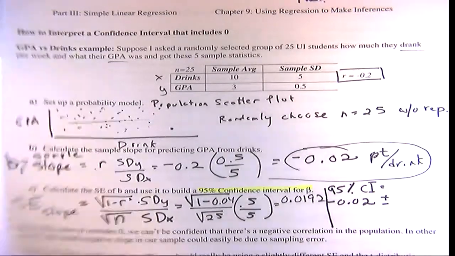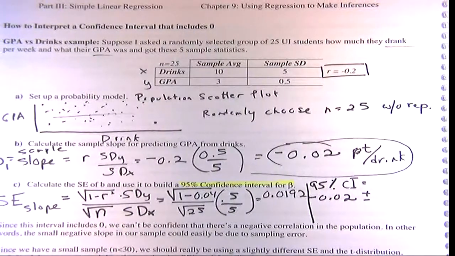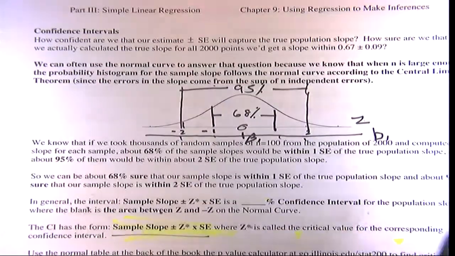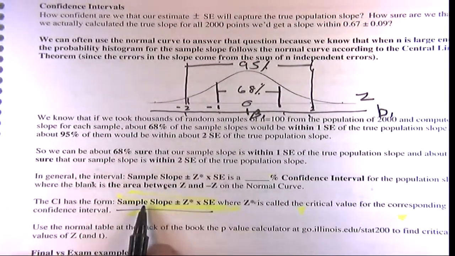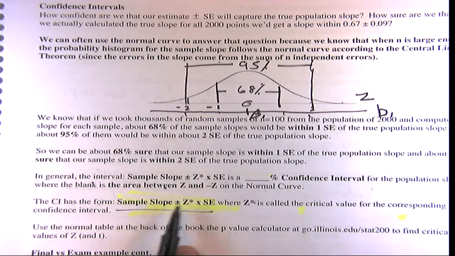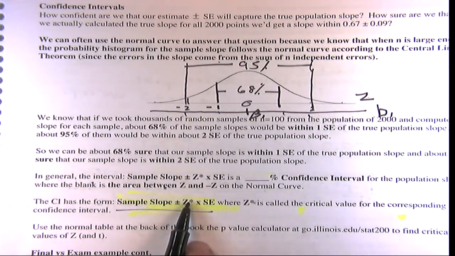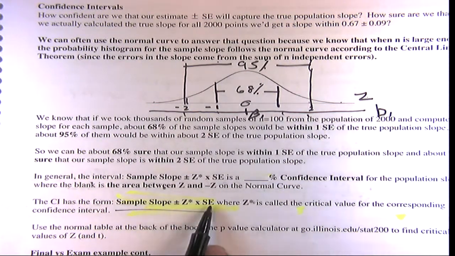So let's just remember what we're doing. On the previous page, we looked at that. Let's see where that is. It's right here. And if you look at this, this is what we're doing right here, the sample slope, plus or minus the critical value of z corresponding to whatever confidence interval you want, times the standard error.